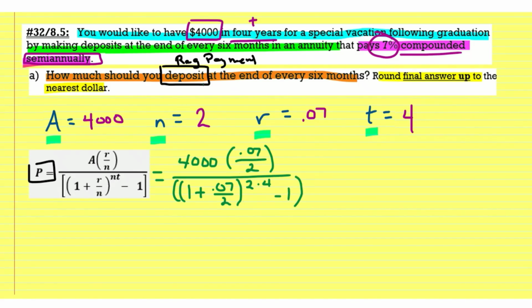So this is how I'll set up my problem. And like I said before, earlier in the video, you can do a piece at a time. We could do the innermost parentheses here, then we could raise it to a power, and then we could subtract our 1. That would be my denominator number. And then in the numerator, I could do my ratio and then multiply my ratio times the 4,000 and get a number, and calculate all those pieces one at a time, as long as I do them properly.